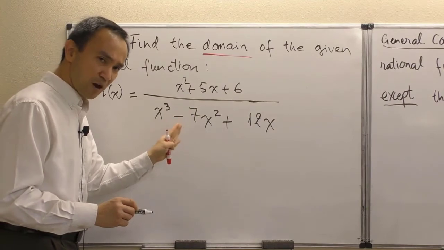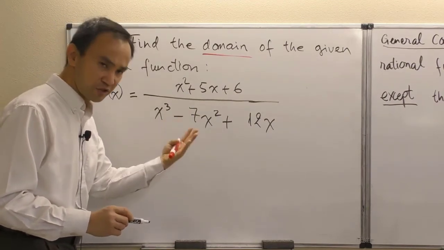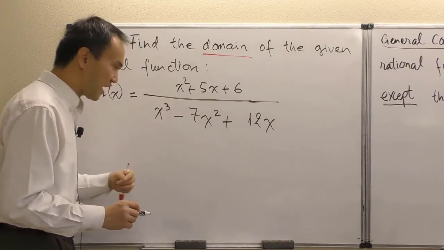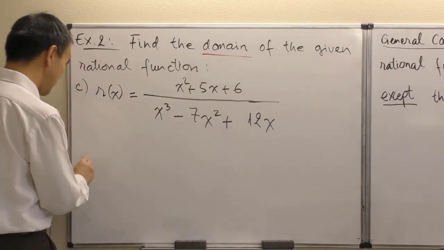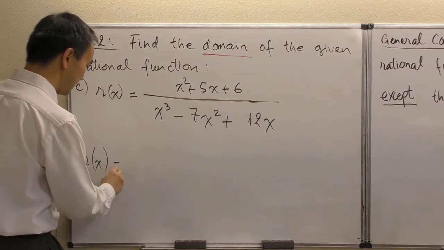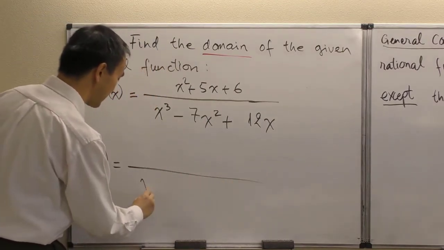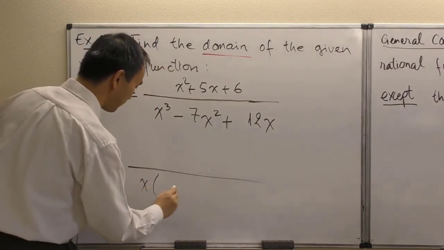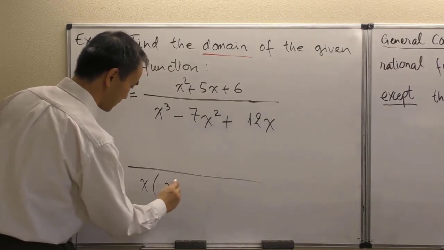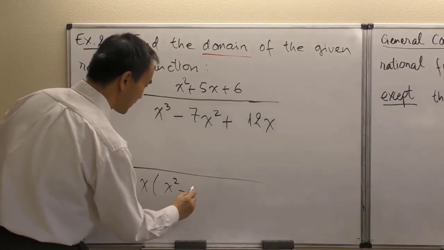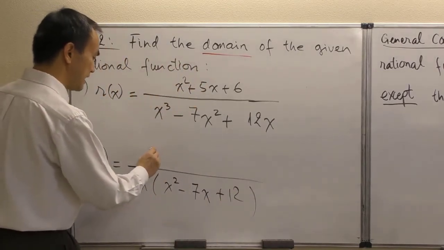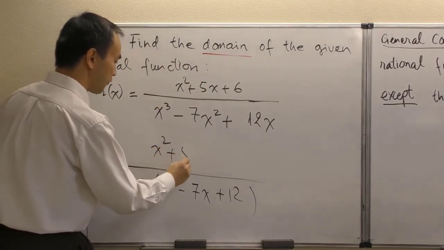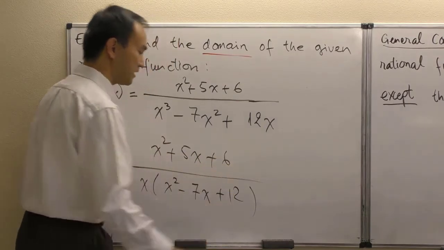I brought this problem in to remind you of your factoring skill. In the denominator, I recognize a common factor, so I can pull it outside, and then we have x squared minus 7x plus 12 remaining in parentheses. Nothing needs to be done for the numerator, so I'll leave it there.